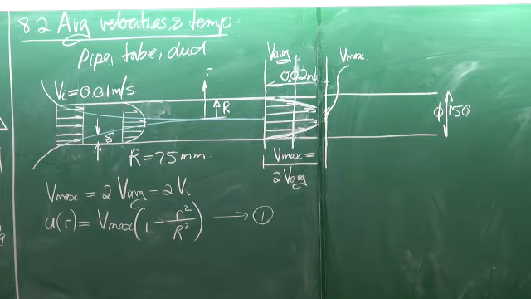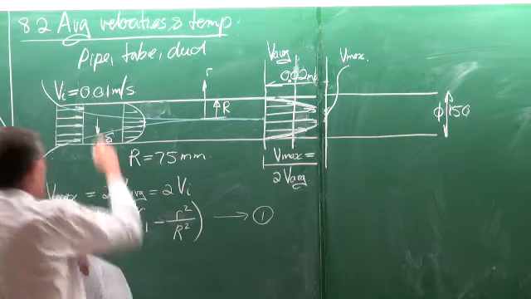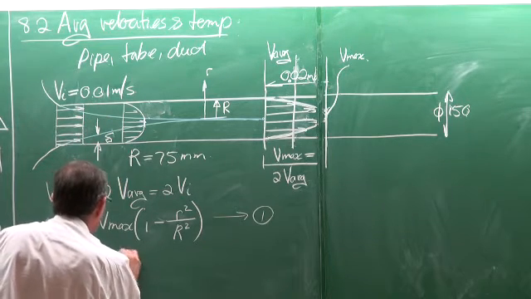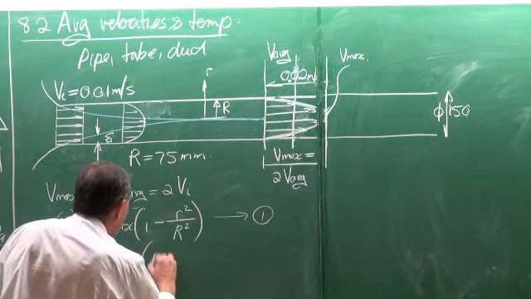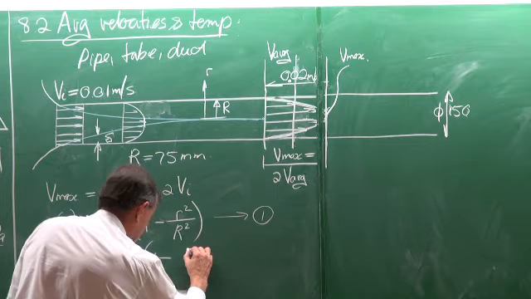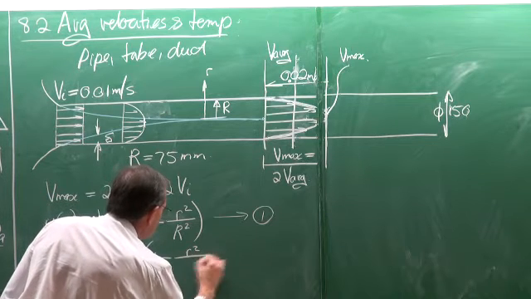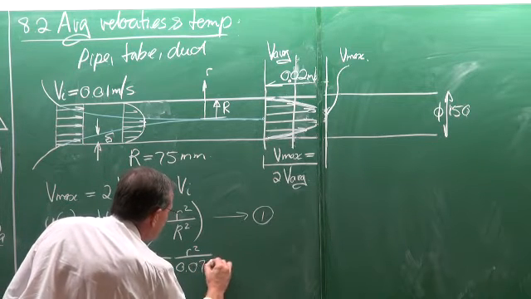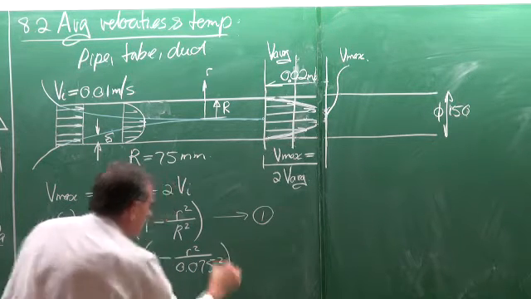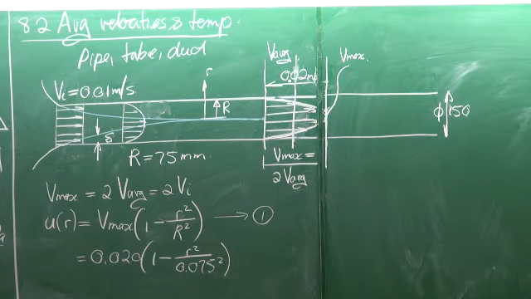Okay, and Vmax, which is 2 times that velocity, is equal to 0.020, multiplied by 1 minus r squared divided by 0.075 squared. Okay, so that gives us the velocity at any point where we want to calculate it.